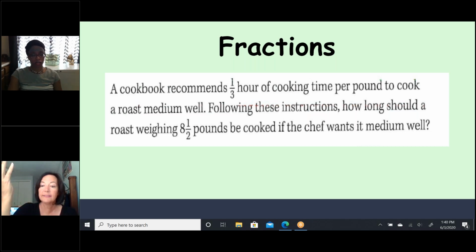2/3. Nice. Okay. So what if you had to cook 3 pounds? How long would that take? That would be 3/3, which really would be 1 hour. So you honestly could keep bumping up like that, but you could use that patterning to help you figure out a better equation.